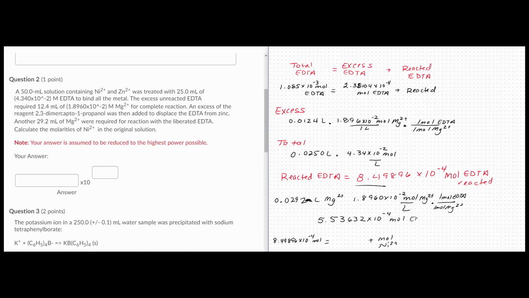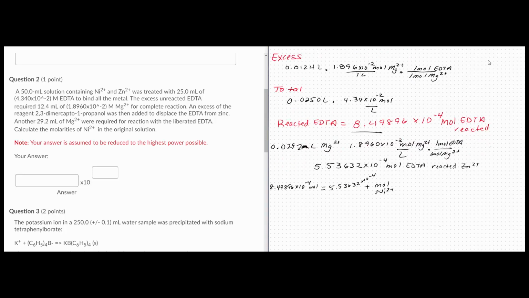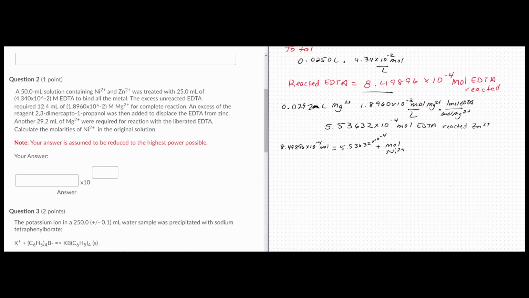So the moles of EDTA that reacted with zinc, 5.53632 times 10 to the negative 4, and I can get the moles of nickel in the original solution. And it's just a subtraction problem. So I get that there were 2.96264 times 10 to the negative 4 moles of nickel in my original solution.